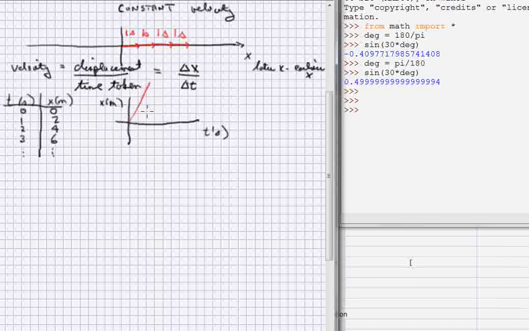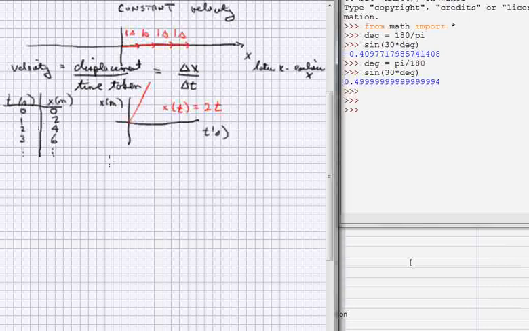Okay, so this equation, the equation for this straight line, which goes through the origin and starts at 0, is x as a function of time is equal to 2t. You can see that that's true by looking over at this table here.